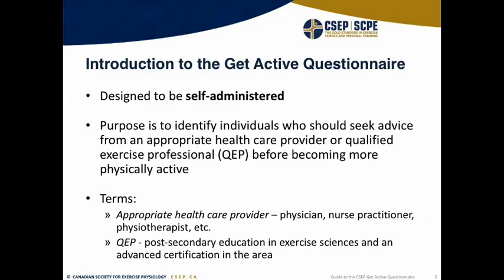A qualified exercise professional, or a QEP, is defined as someone who has post-secondary education in exercise science and has an advanced certification in the area. So that is our Csep certified members. However, given some of the questions and the nature of the response, sometimes a CPT might choose to refer the client to a CEP given the complexity of the medical condition.